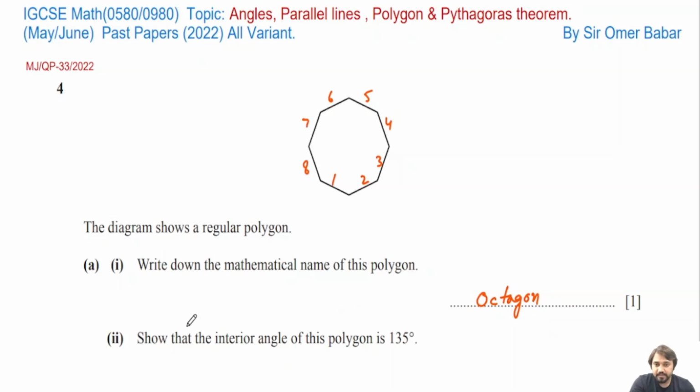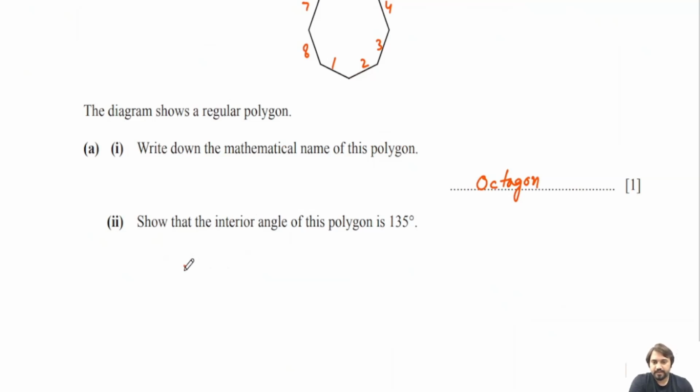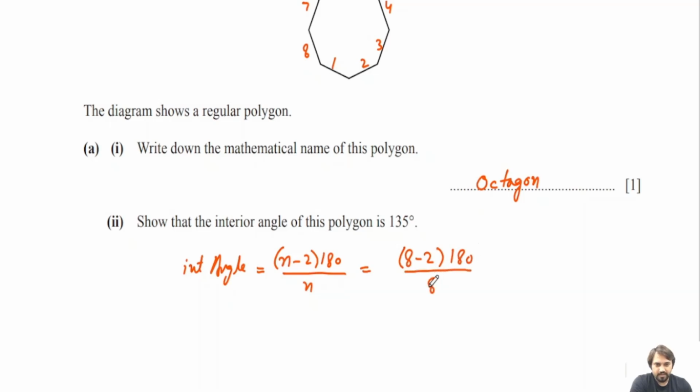A figure having 8 sides is an octagon. Now part 2 is show that the interior angle of this polygon is 135 degrees. We know that the interior angle formula is (n minus 2) times 180 divided by n, where n means number of sides. We have 8 sides, so 8 minus 2 times 180 divided by 8.